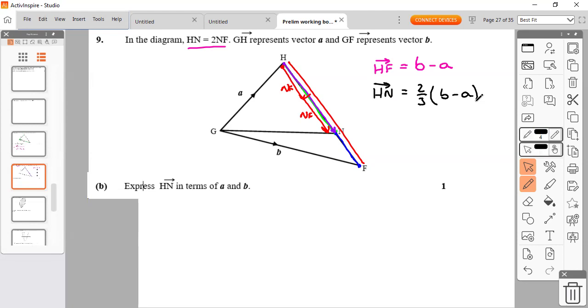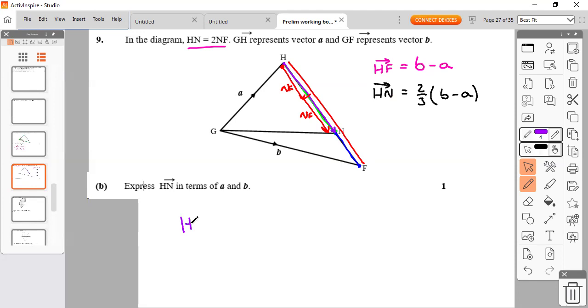I think that's the answer. It'll be different references and stuff like that, so it'll tell you, well, it shows you. So H to N, just that question about the directions.